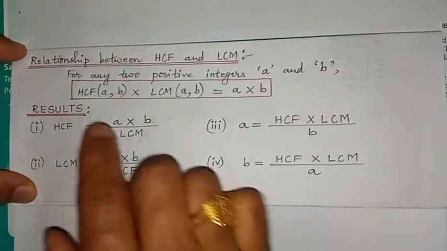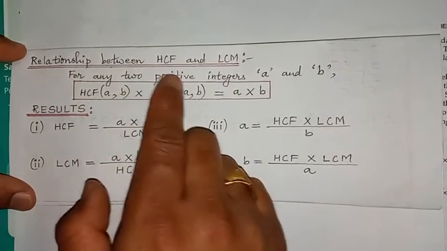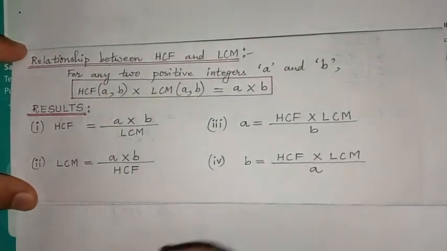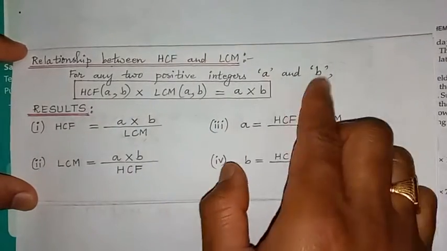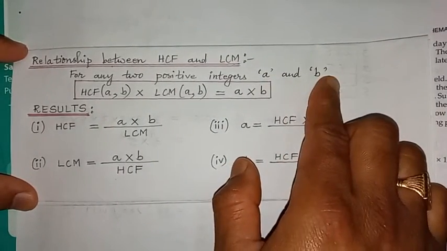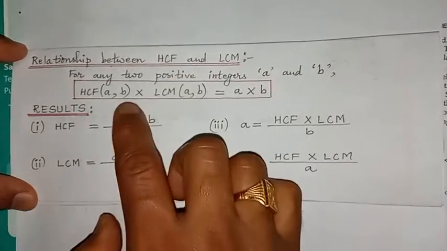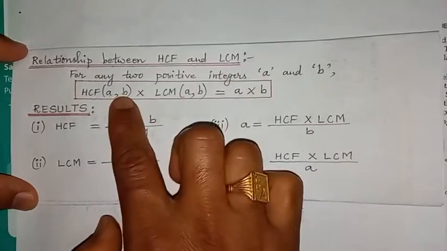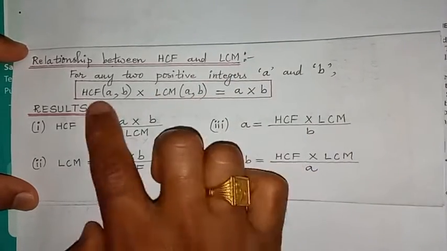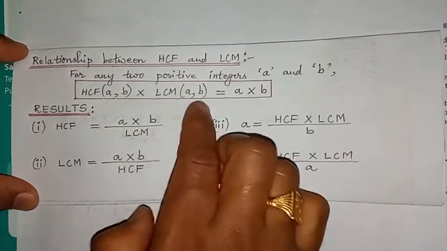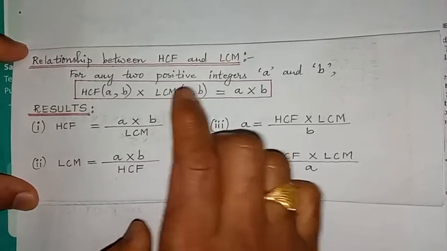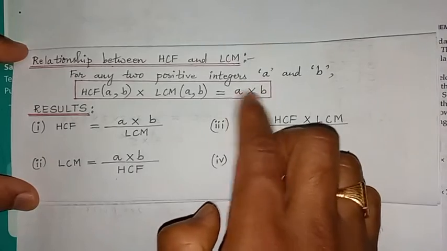So let's read this. For any two positive integers a and b, that means if I give you any two natural numbers a and b, then the rule says that the product of the HCF and the LCM of those two positive integers is always equal to the product of those two given integers.